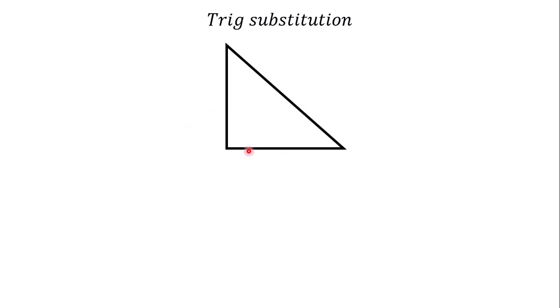The names depend on the position of the angle. So if the angle is here, this side is our opposite, because that is the line facing the angle. And then this side becomes our adjacent, because that is the line on which the angle is resting, adjoining to the angle.